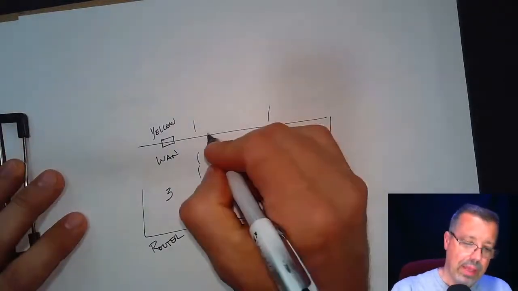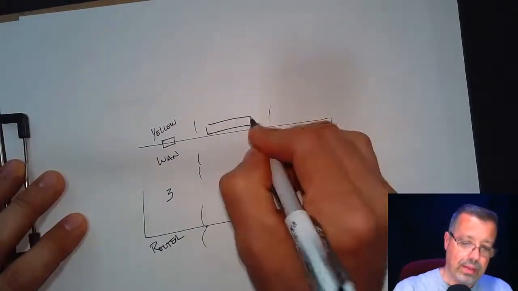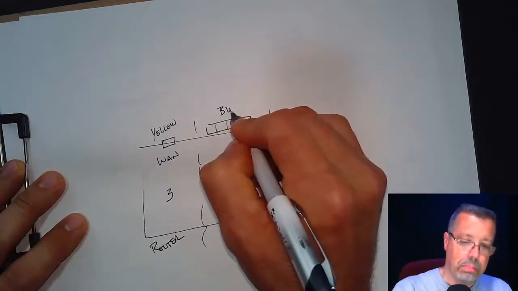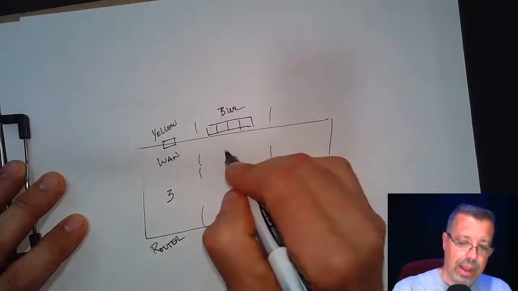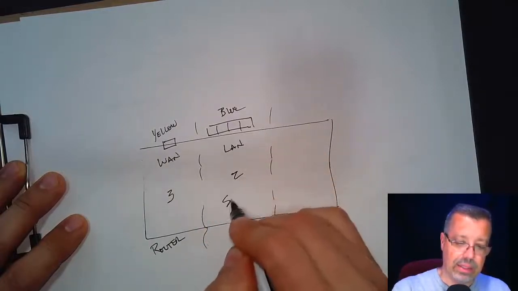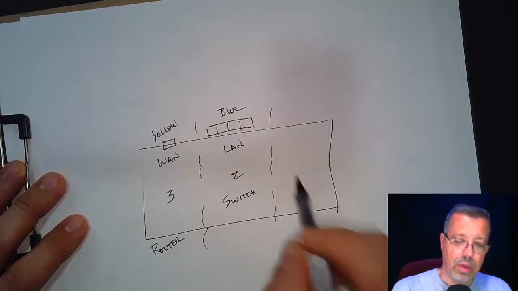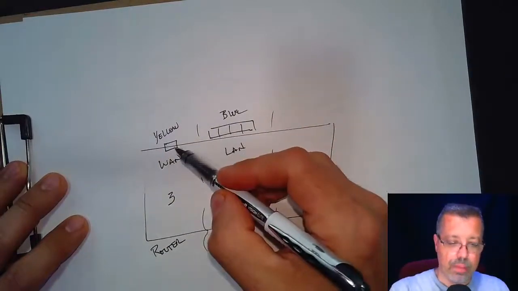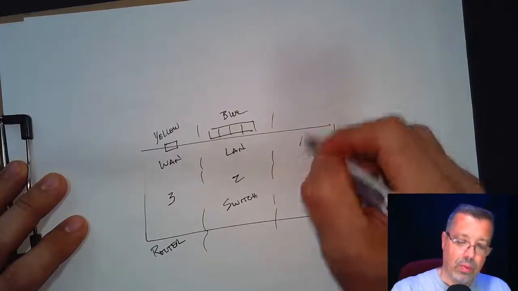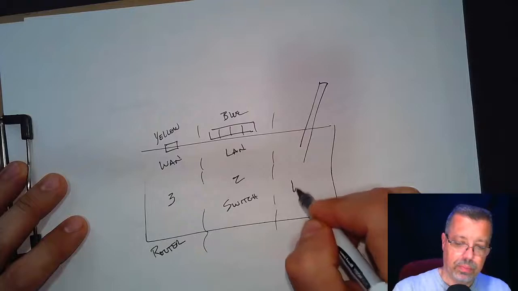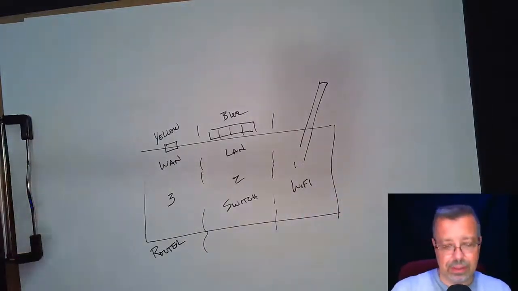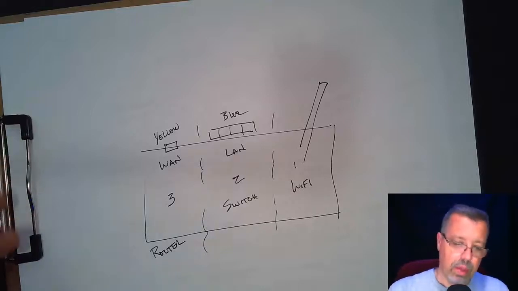And then typically you will have 4 blue ports, and those will say LAN, and that is the switch. So you have a 4-port switch and a 1-port router uplink, and then you have the Wi-Fi, which we're going to call 1, but you could argue it's 1 and 2.